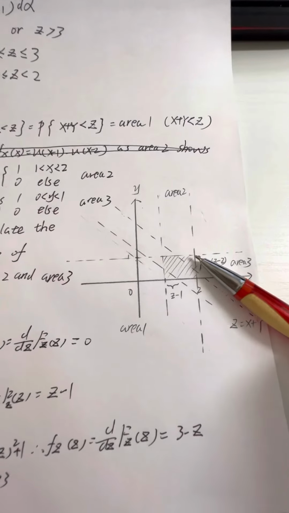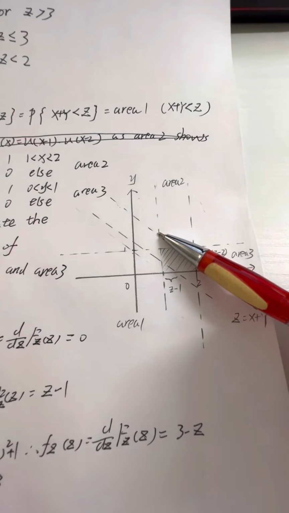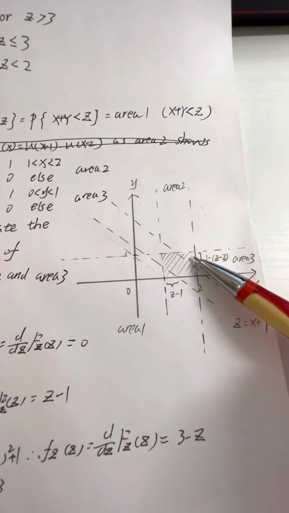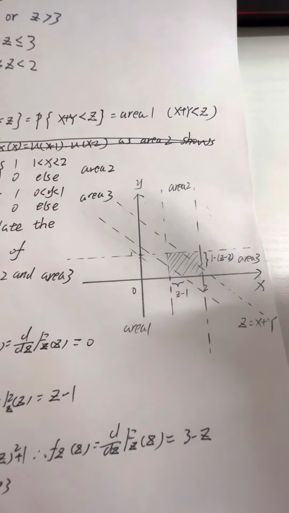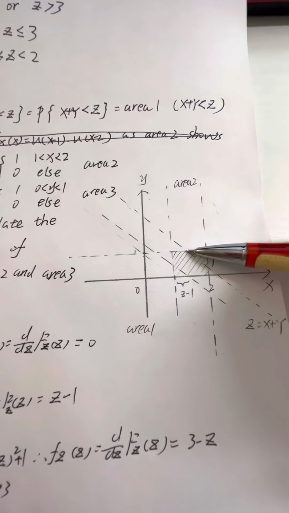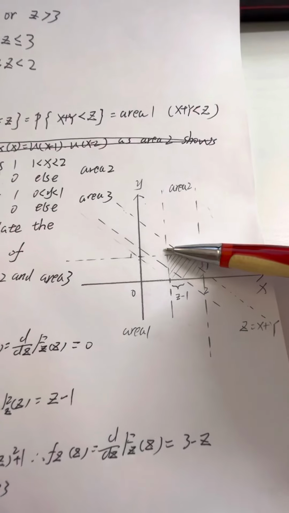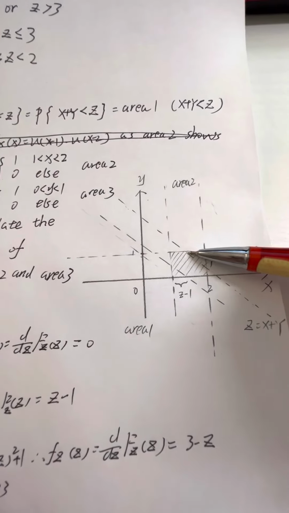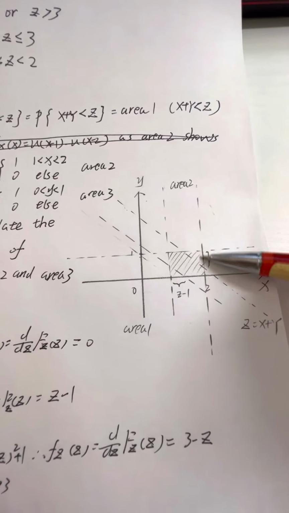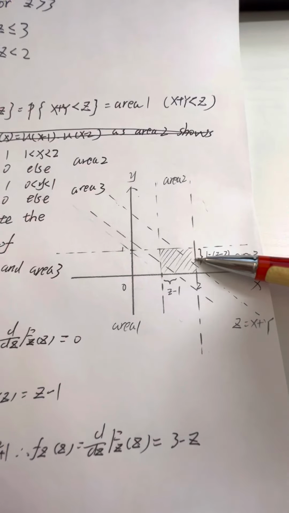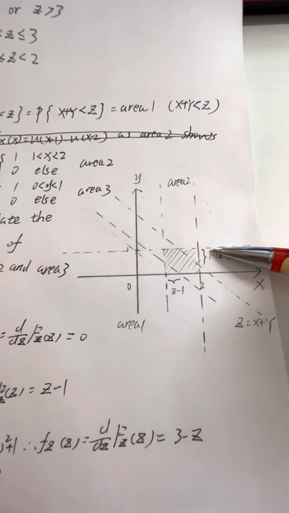It is this. And when this line moves to here, when z is greater than 2 but smaller than 3, we need to calculate this area, which can be calculated as 1 minus this small triangle, whose length is equal to 3 minus z.